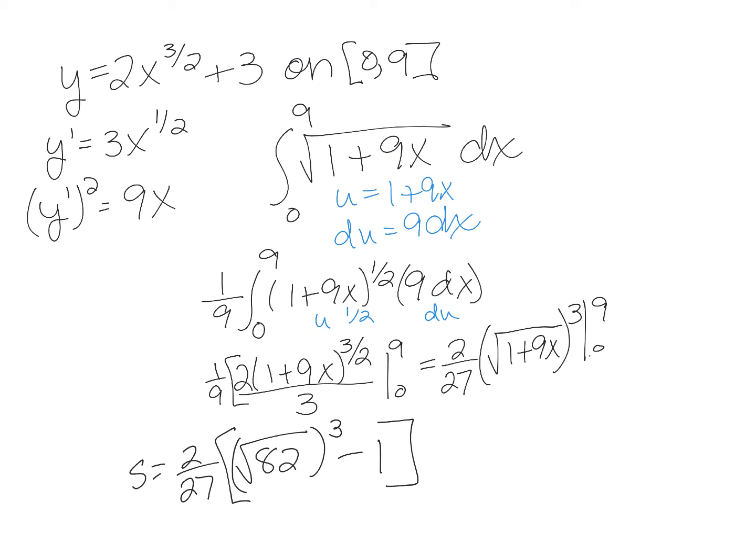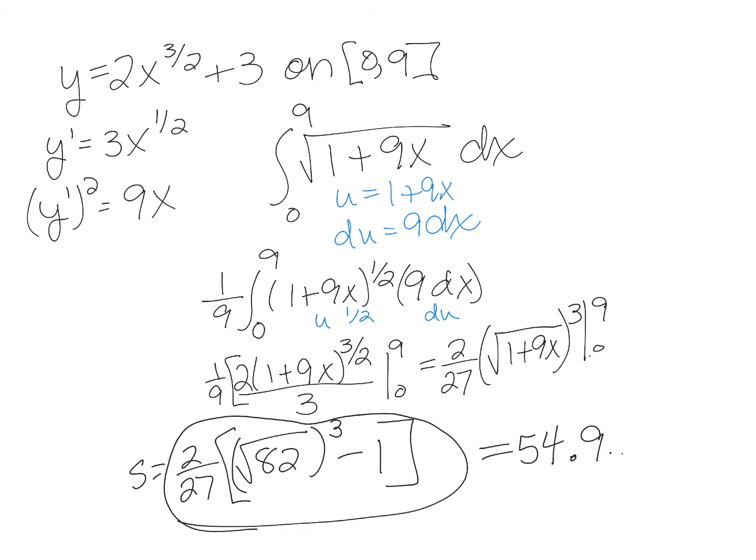And that is exact. So you can leave it like this if you want. Or you can stick it in your calculator and you're going to get something like 54.9 something. Good enough. And remember, this is exact.